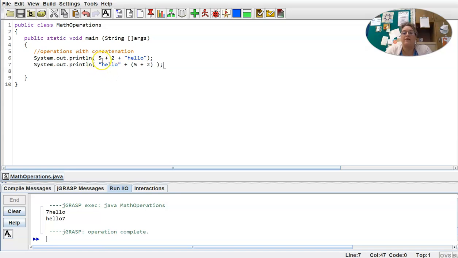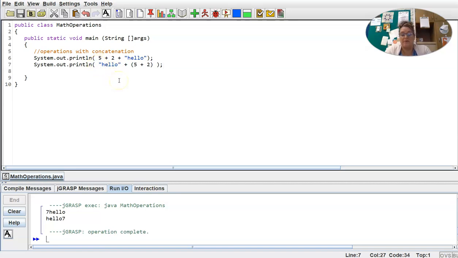So now I could throw in some additional operations to play with. So let's try 5 divided by 2. Then we'll do plus hello. And then let's add on a 5 modulo 2 to the end.